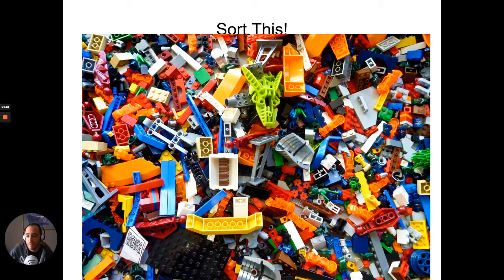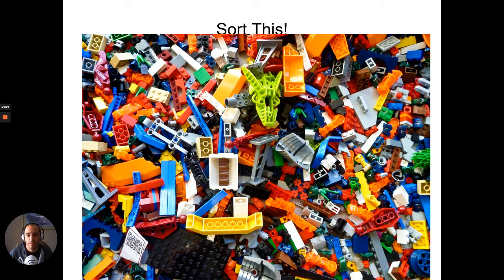So, many times in programming, you're given a task to sort something. And very often I'll give my own kids, I'll say, look, I'm tired of your Lego everywhere, sort it. And they have a bunch of bins. And the first thing you have to realize with sorting is that there isn't one way to sort things.